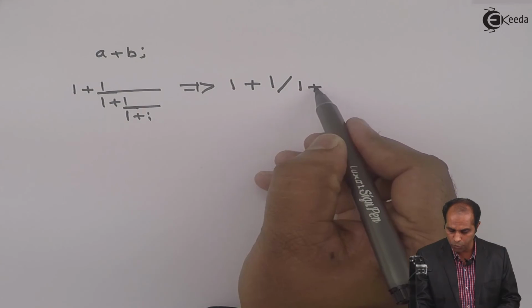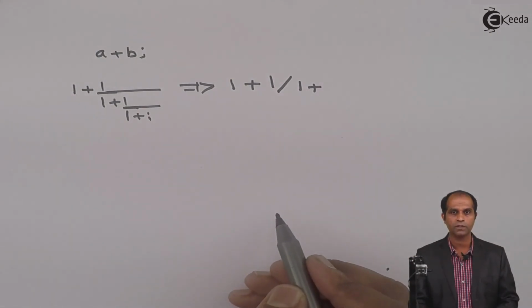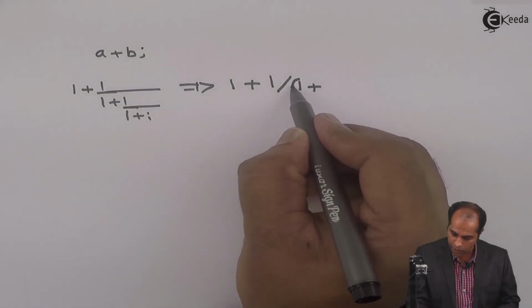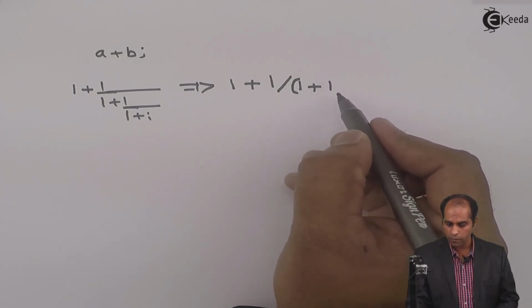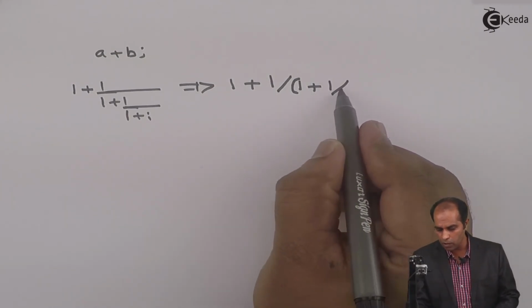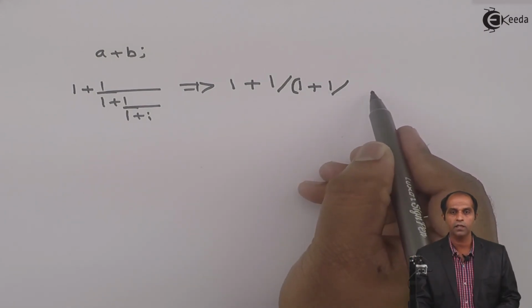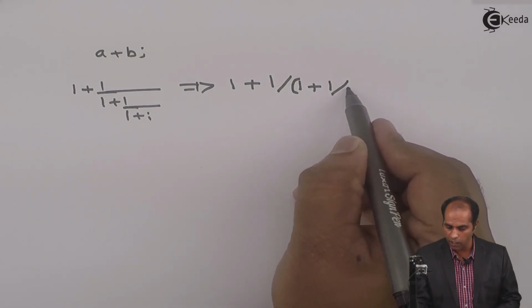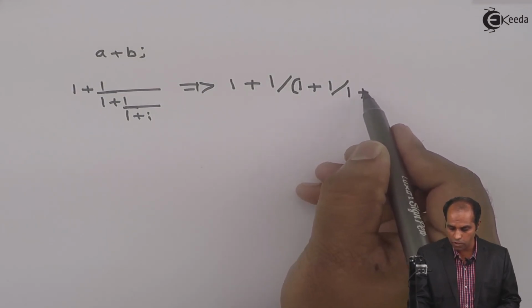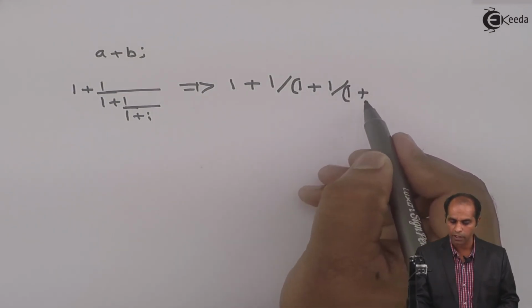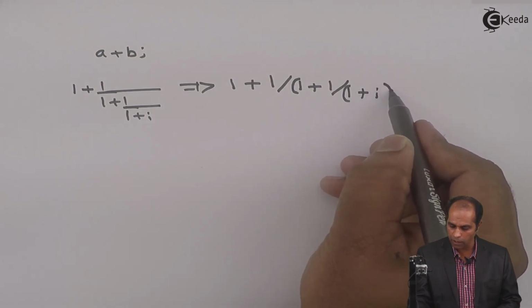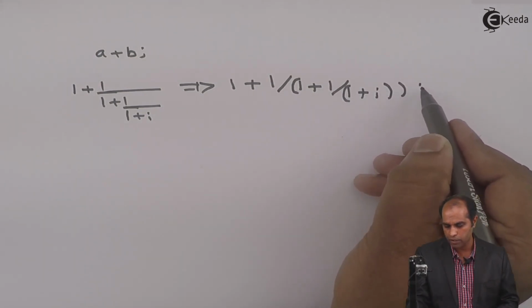Here, you want this particular plus to happen before this particular slash, so use round brackets. Again put 1 slash. If you come across an operator which has a lower priority than this slash, then you can use brackets. Again I'll have 1 plus. Here again plus has to be done before slash, so again use a round bracket. Plus I, round bracket completes, and one more round bracket completes, and a semicolon.